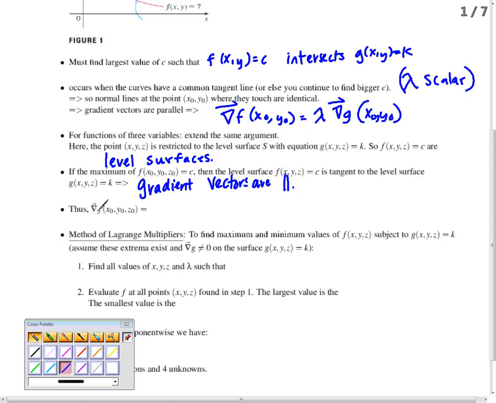So I can write the gradient of f now in terms of three components, x naught, y naught, z naught, and that's going to be equal to lambda times the gradient of g at x naught, y naught, z naught. Does that make sense? Just like the other one, except I added on a z, right?